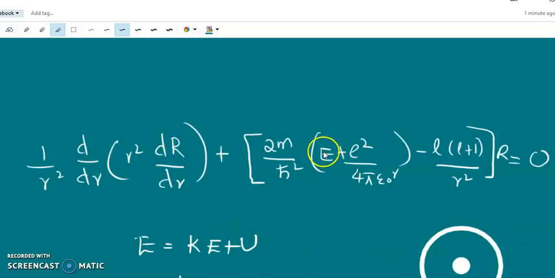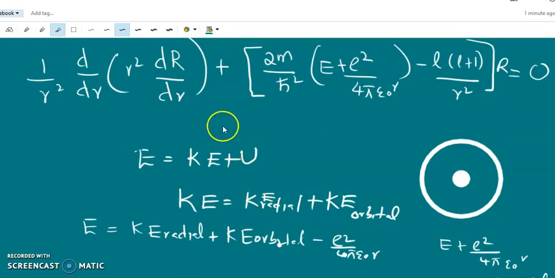Here the energy is the sum of kinetic energy and potential energy. So this radial equation should be solely concerned with the radial motion of the electron, the motion towards the nucleus or away from the nucleus along the radial direction.